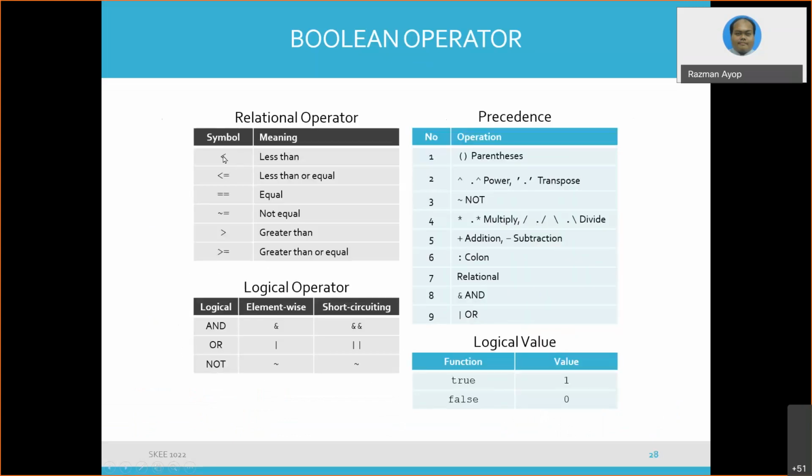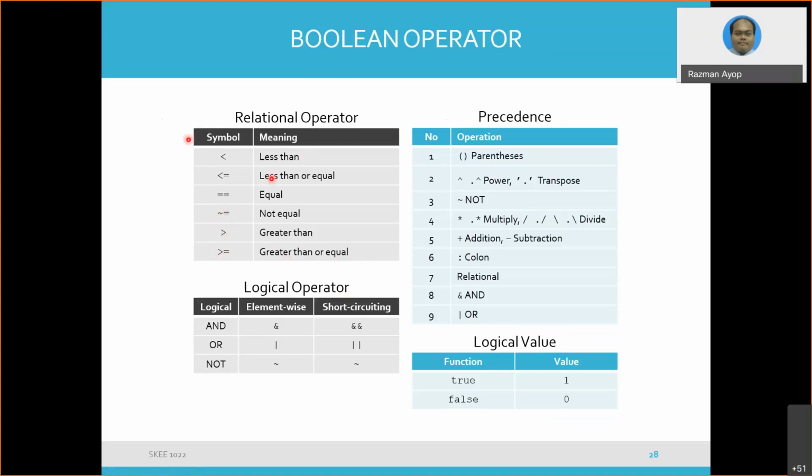So you can use this symbol, less than, or equals to. Equals to will be double. This is not equals to. To get this symbol, it is near the escape button on your keyboard. Okay, this is more than or greater than or equals to.